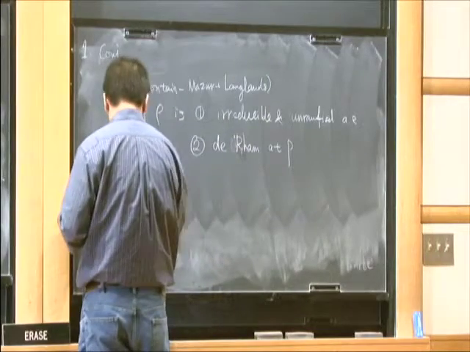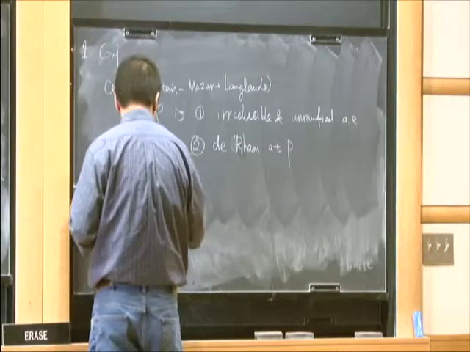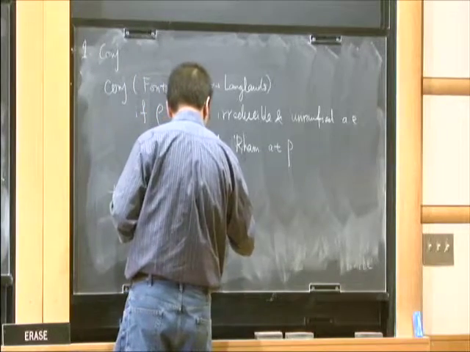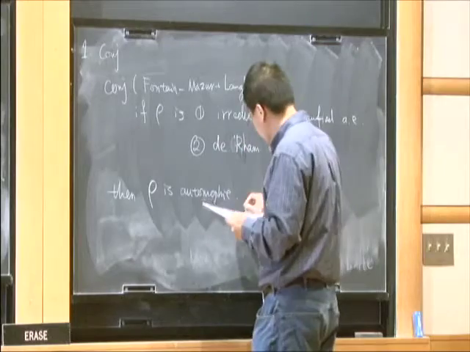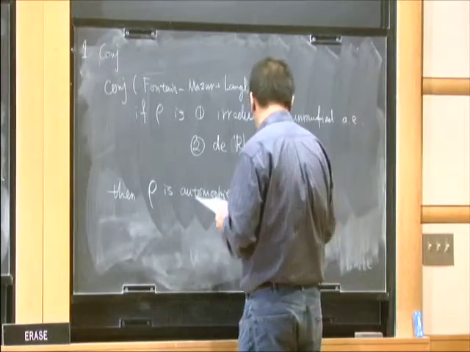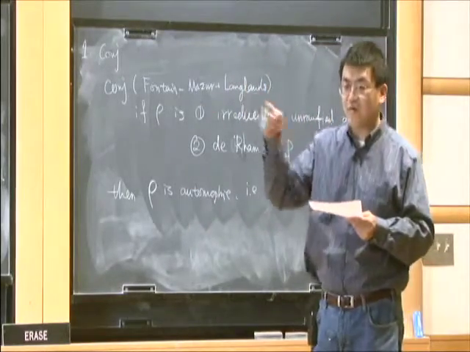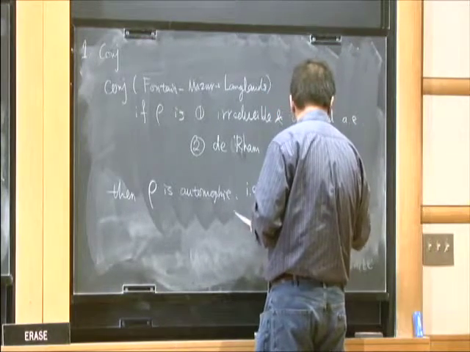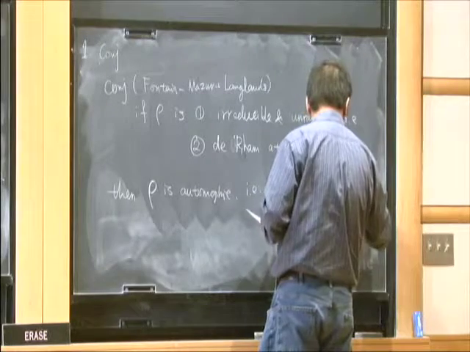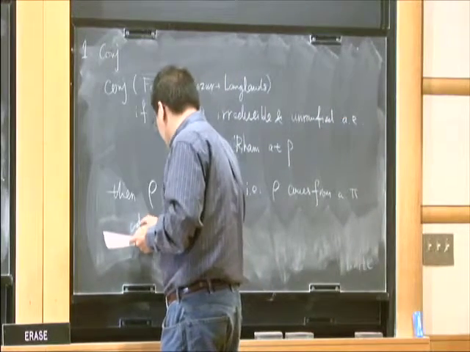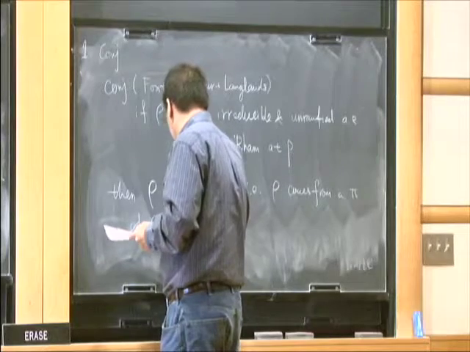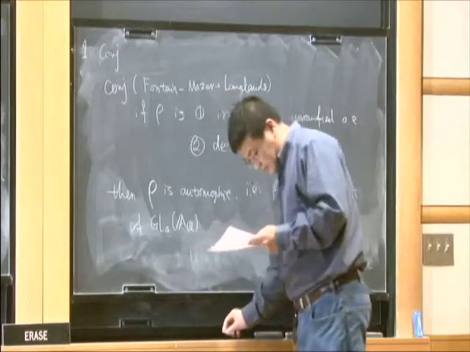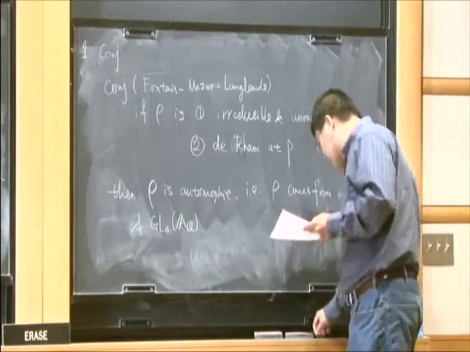Then conjecturally, rho is automorphic. Automorphic in my talk means, because I only consider GO4, that rho comes from pi, an automorphic representation of GL4(A_Q).